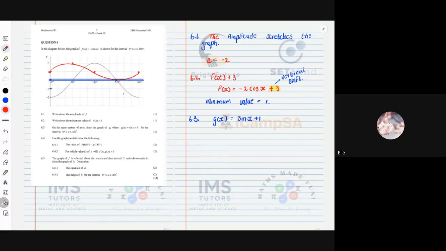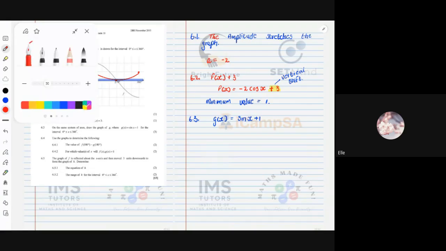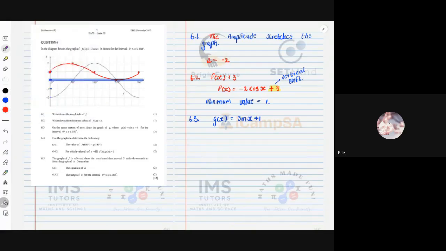You can tell that if they ask where our graphs are equal, our graphs will be equal here and here. It's at 270, and roughly somewhere between 90 and 180.